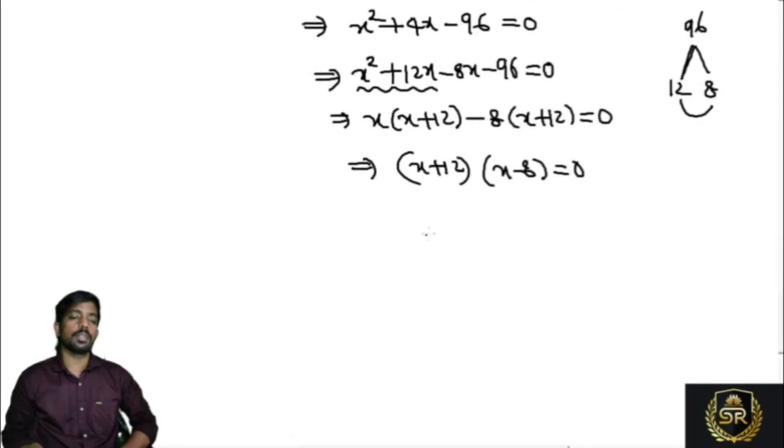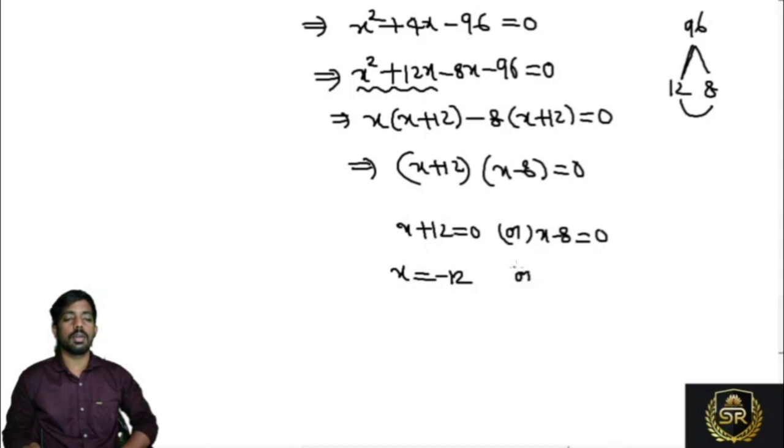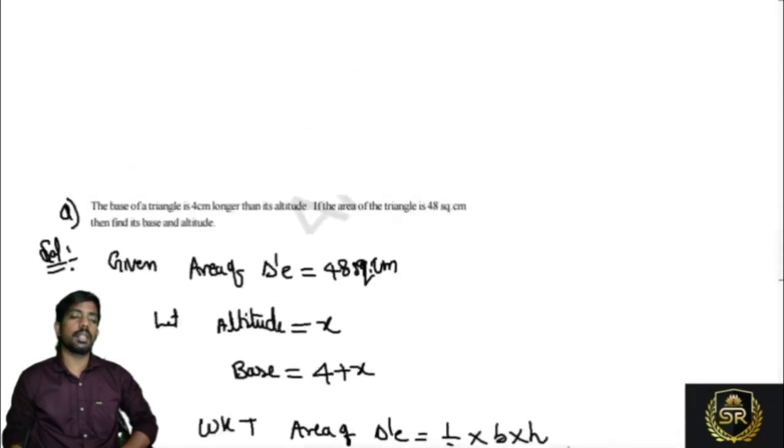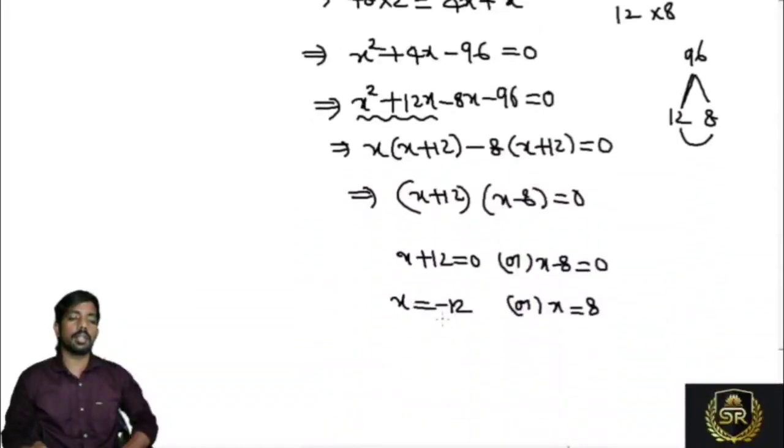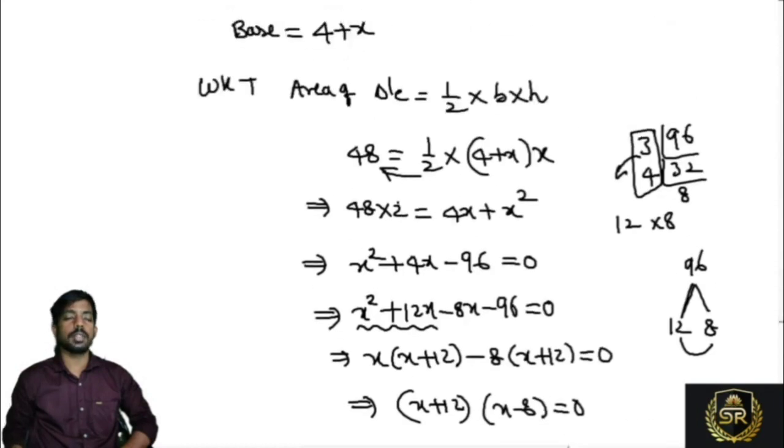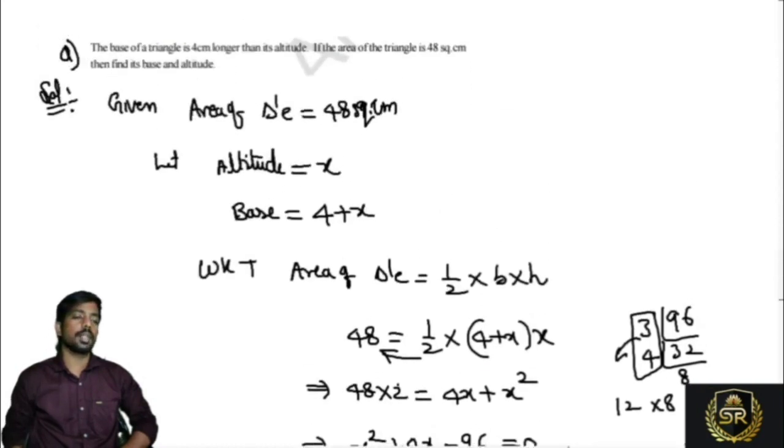Hence a into b is equal to 0 means either a is equal to 0 or b is equal to 0. So x is minus 12 or x is equal to plus 8. Here distances can never be negative, right? So x is equal to 8. What is asked here is to find the altitude and base.